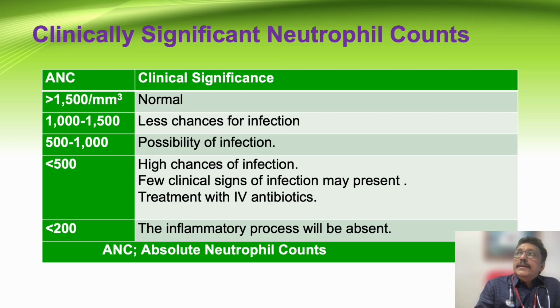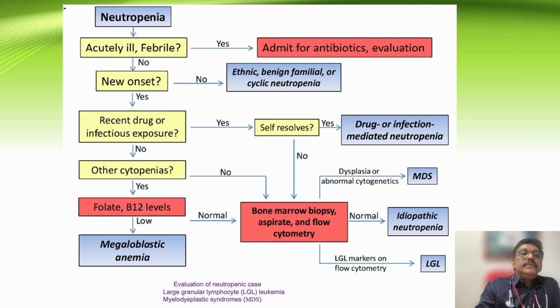So these patients may be clinically stable. When the patient comes with infection, they may not have fever, they may not have toxicity, but when you are evaluating, you can see that the patient is having features of sepsis. So when we get a neutropenic patient in the emergency room, we have to see whether the patient is ill or febrile.